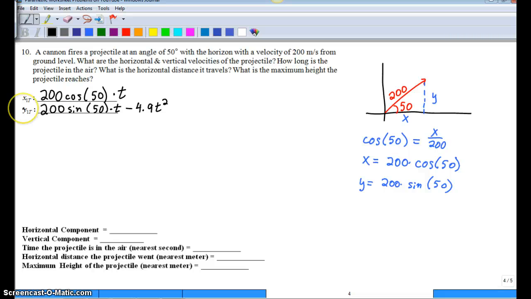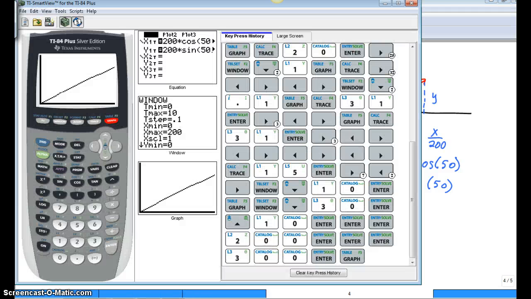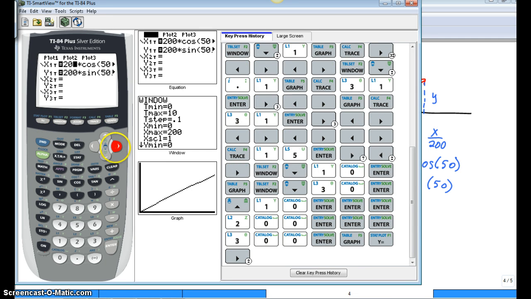So let's put x1, y1 into our graphing calculator. I've actually already done it, and what you see, we get 200 times cosine 50 times t, and in the y component, same thing, 200 sine 50 times t, and then minus 4.9 t squared.